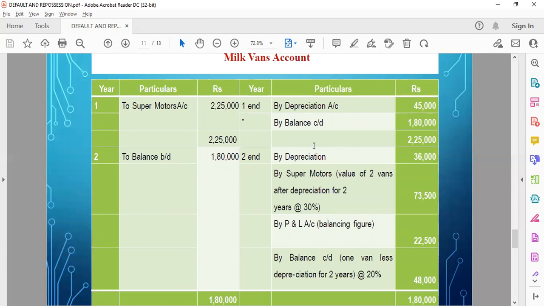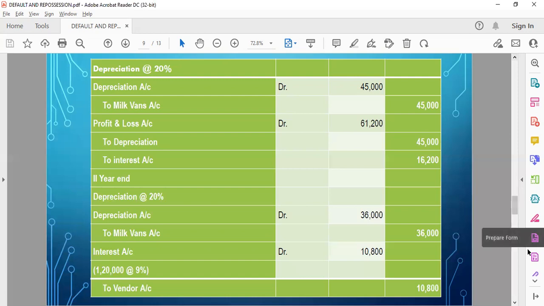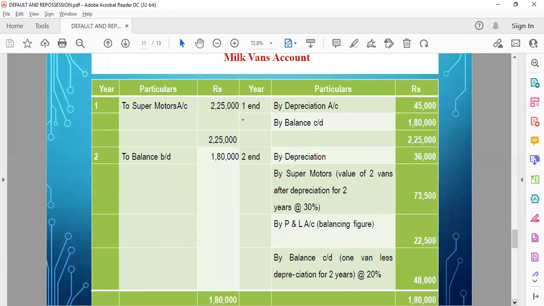First you come to this calculation of milk vans account. After seeing these workings, we'll move to that journal entry. You come to this milk vans account. You should put 3 columns on the debit side and 3 columns on the credit side.